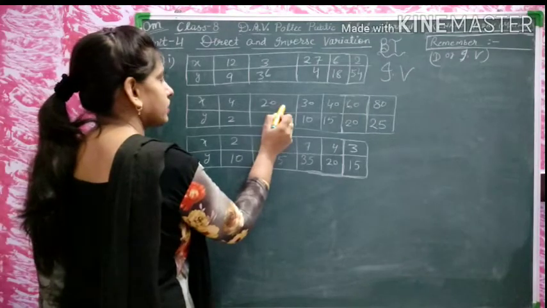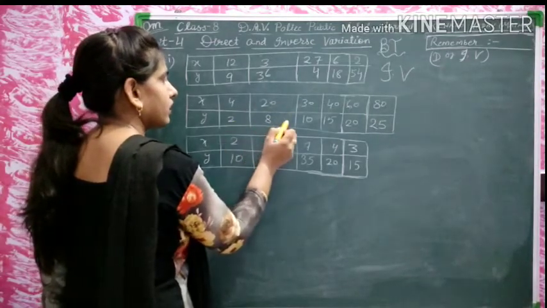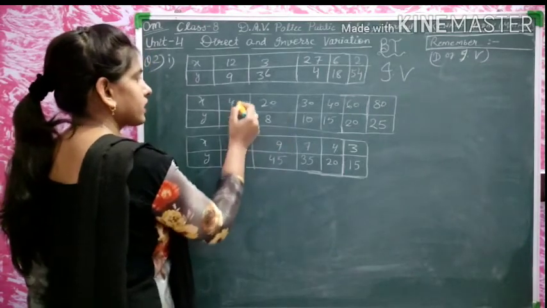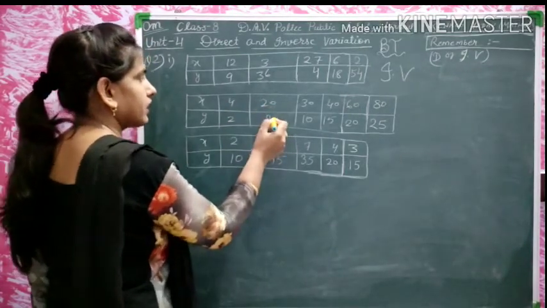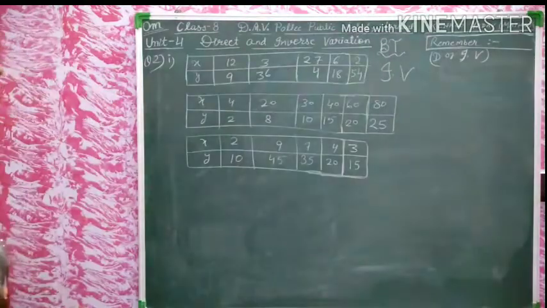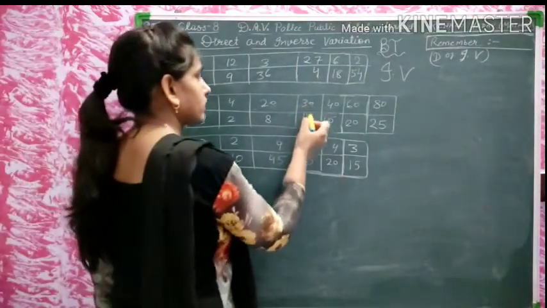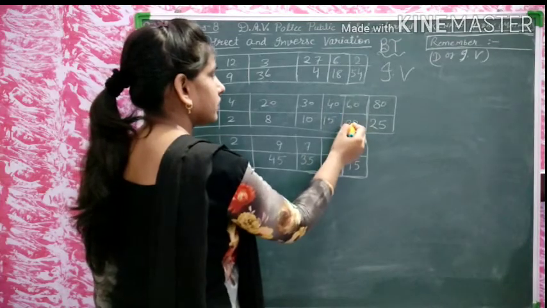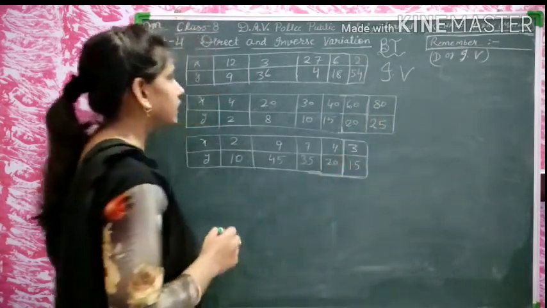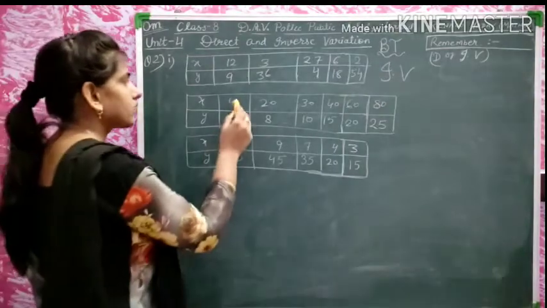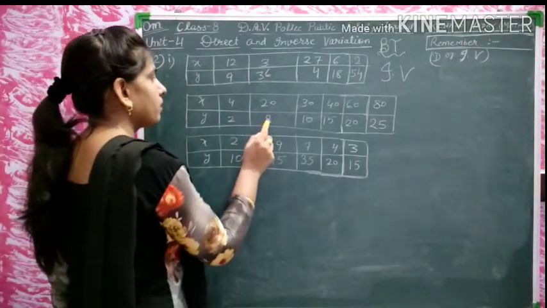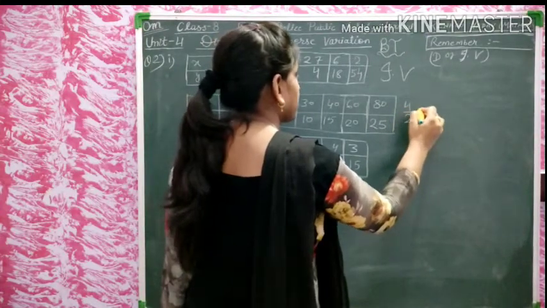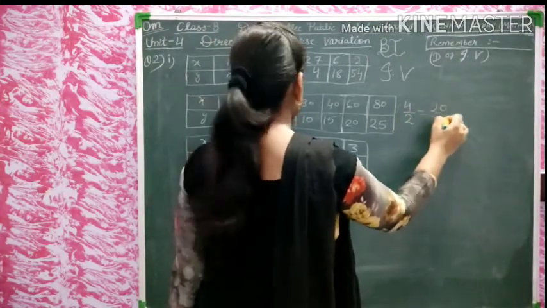Now this is decreasing here and this is decreasing here, but this is not possible. There is 4 by 2. If this is decreasing, it means their ratio is the same. 20 by 8.